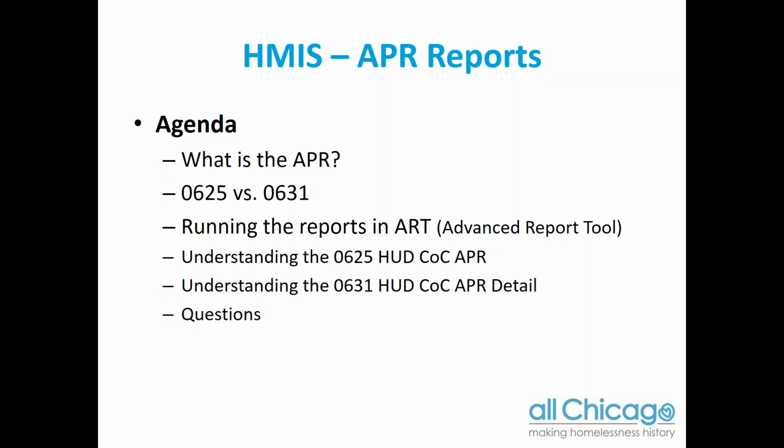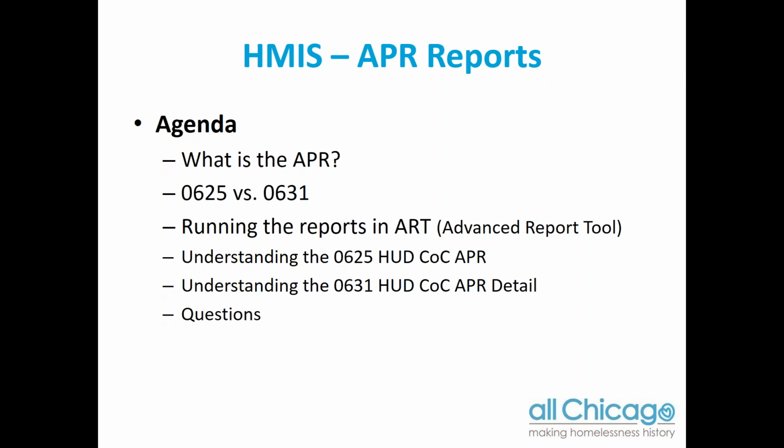So we're going to all refamiliarize ourselves together and introduce this to those that have never used this tool before. We'll first talk about that, and then we're going to cover the difference between the two reports we have available in our Advanced Reporting Tool, or ART, and those are the 0625 and the 0631 reports. Often the way we talk about the APR coming out of HMIS is by the number of the HMIS report we use to analyze the results.